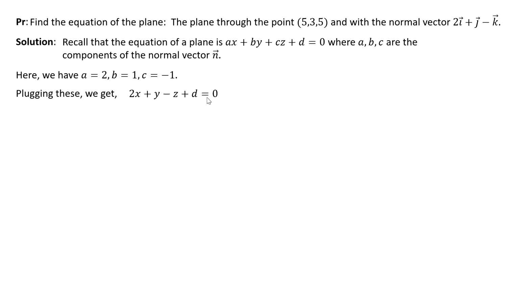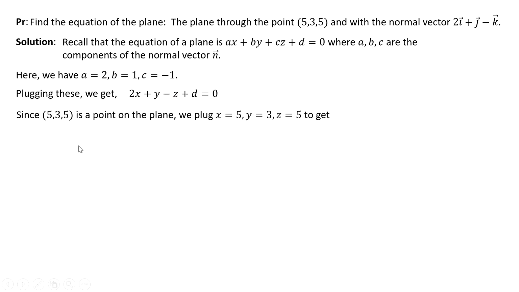Simple. Take x equals 5, y equals 3, and z equals 5 and plug into this equation. And everything would be known, and d is the only thing that we wouldn't know, and we can solve for d. Since 5, 3, 5 is a point on the plane, we plug in x equals 5 and so on, to get 2 times 5 plus and so on, and solve for d. d happens to be negative 8.